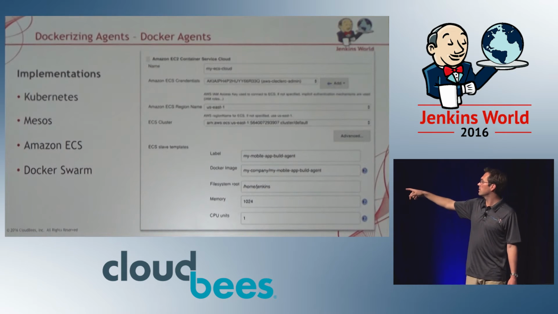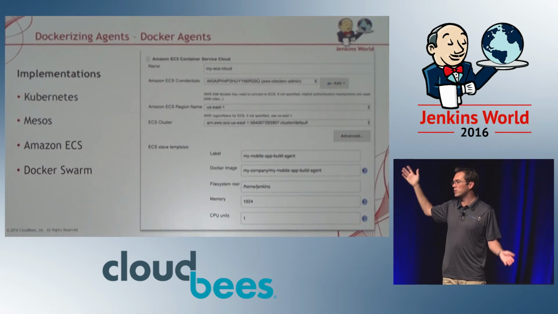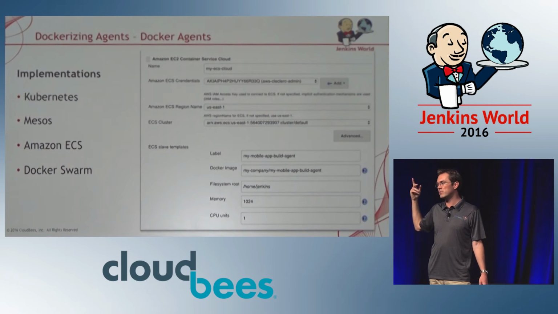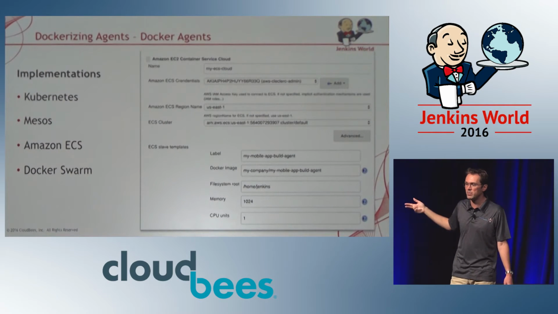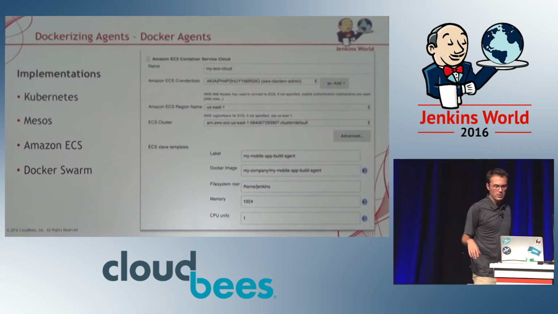Then something which is different from the standard build agents, the Linux, Windows build agent, is that you will quantify the quantity of memory and the quantity of CPU that you allocate for this build. Okay?